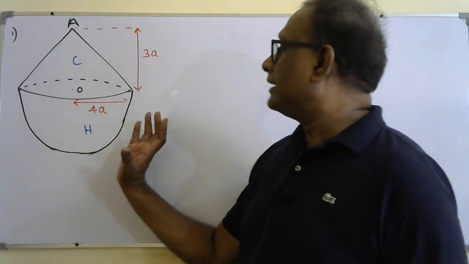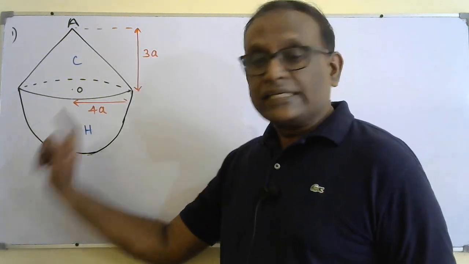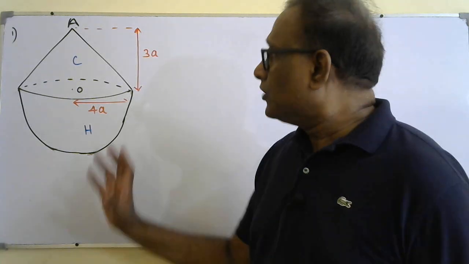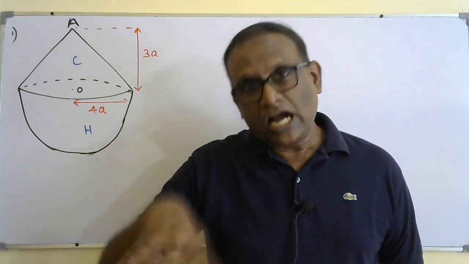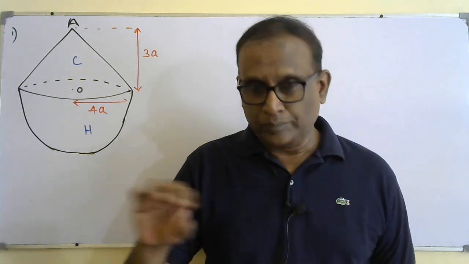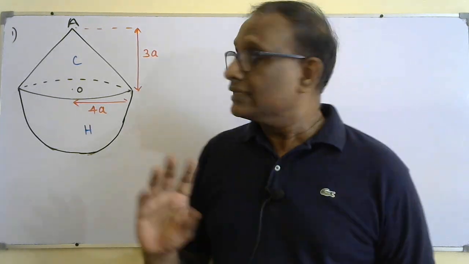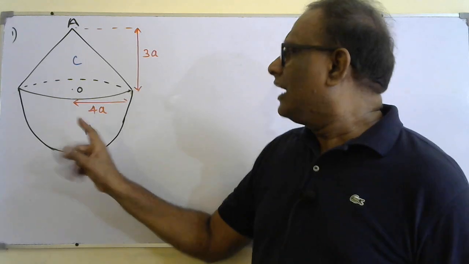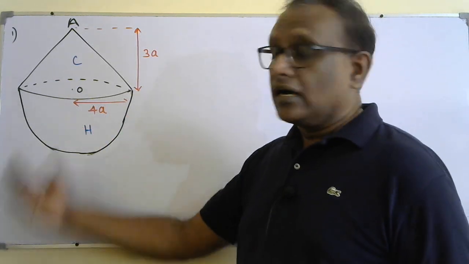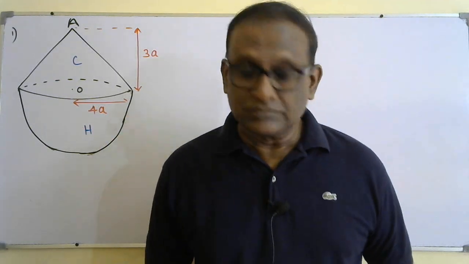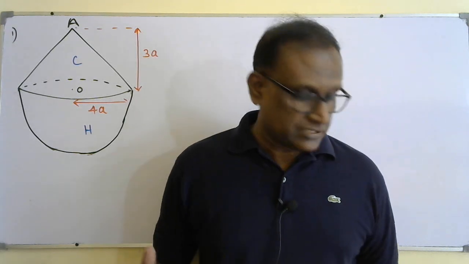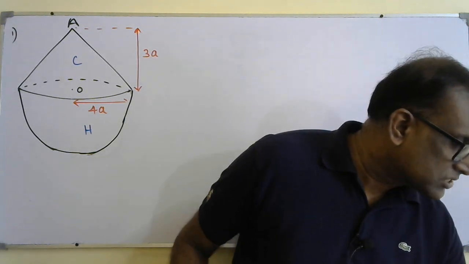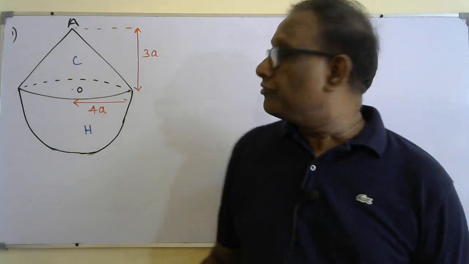Same way we should find the mass of the hemispherical shell. We know the surface area of a sphere is 4 pi r squared, for half of the sphere 4 pi r squared over 2, then multiply by the given mass per unit area. You will find the mass of the hemisphere shell. Then we know the center of mass of the hemisphere shell is at a distance of r by 2 from the base.